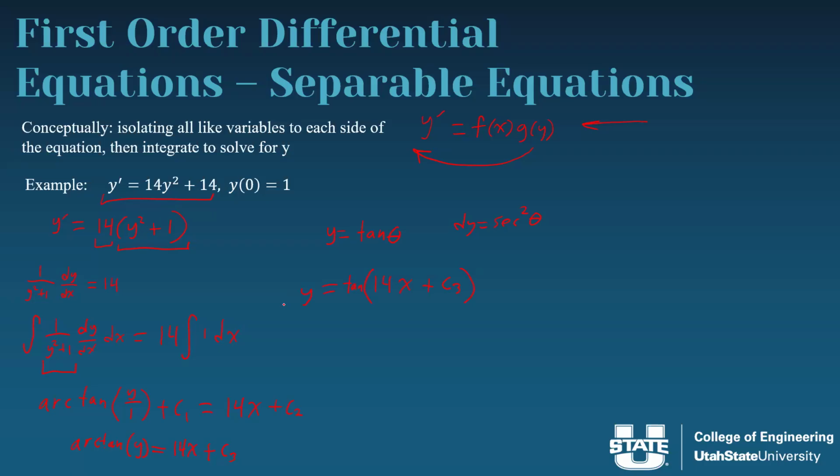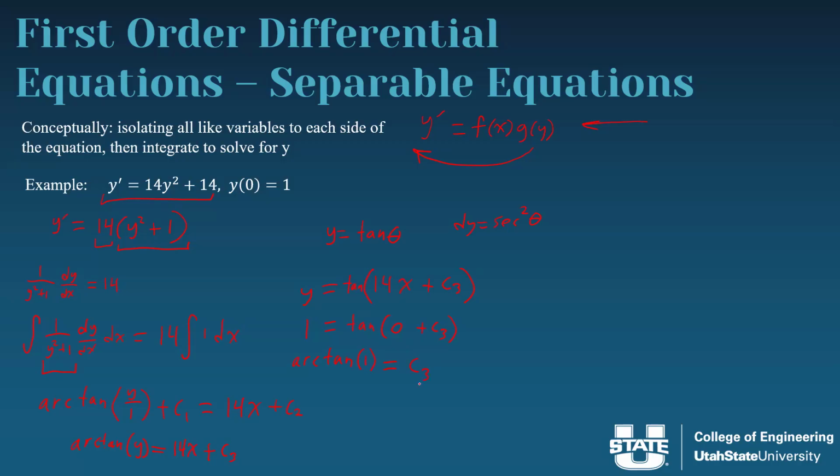Okay. All right, so now we know what y is, but we don't know what c is. And we can solve for c by using our initial condition. So if we were to use that, we would end up with 1 in place of y, and in place of x we would have 0, which would turn this 14x into 0, leaving c3. So we can use arctangent on the other side: arctangent of 1 is equal to c3.